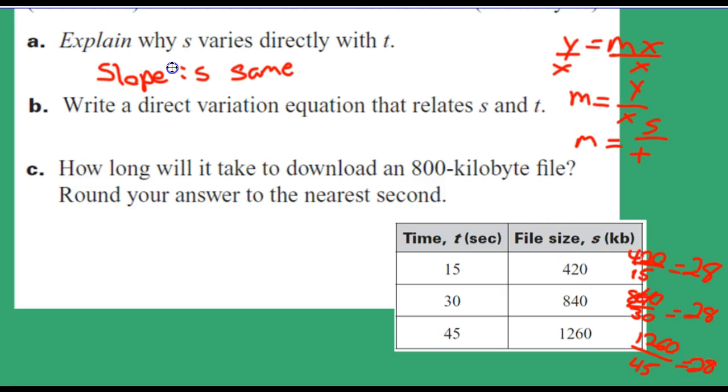So we just said that the slope is the same. That shows that our m equals 28. If we write an equation like this, our m is going to equal 28, so we could say y equals 28x, or in this case, s equals 28t.